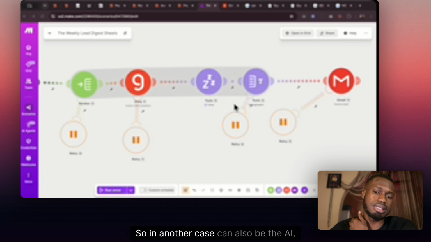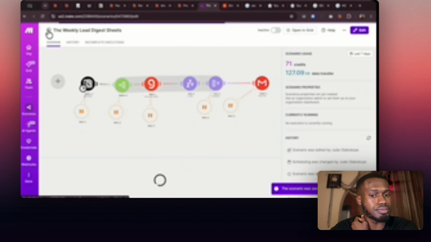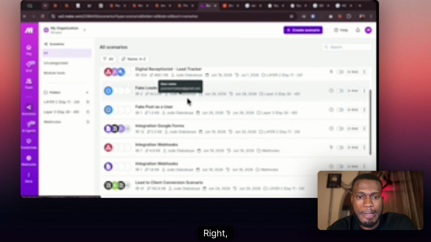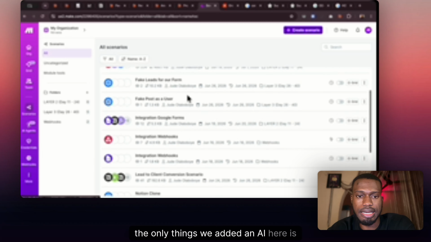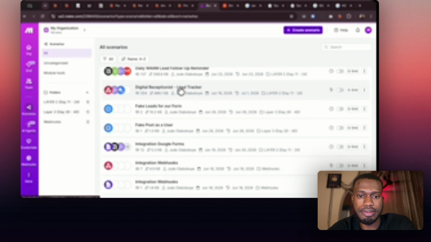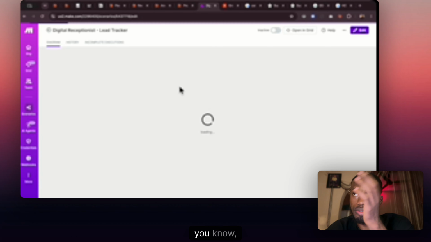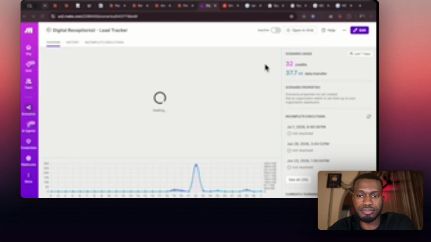In another case, it can also be the AI, the one I showed you guys the other time. Let me save this. The other one can be the AI. Let's see, where do we have an AI here? Okay, the only place we added an AI here is the digital receptionist, the one thinking about the hot, warm and cold and every single thing there.